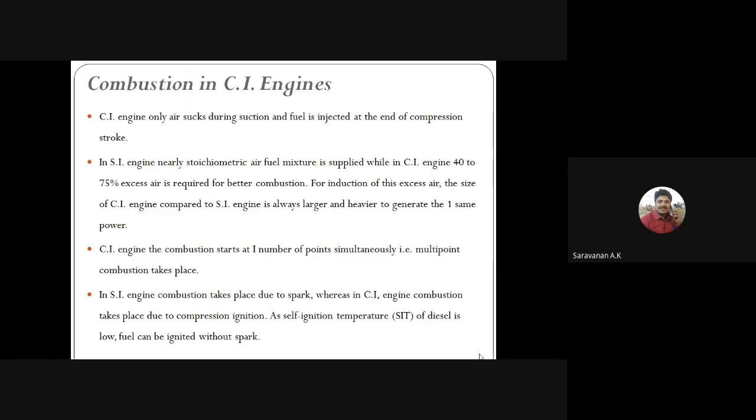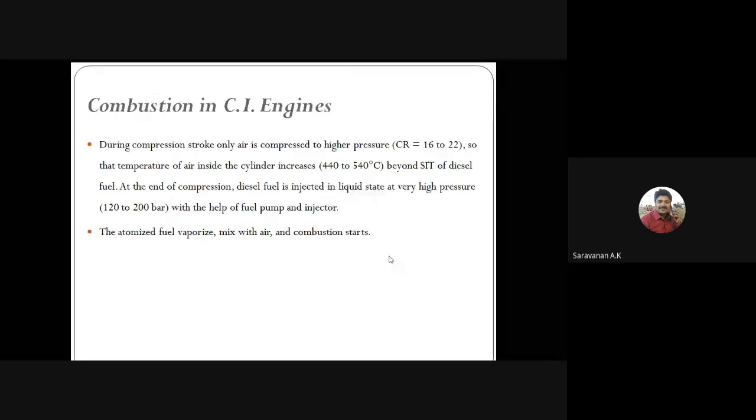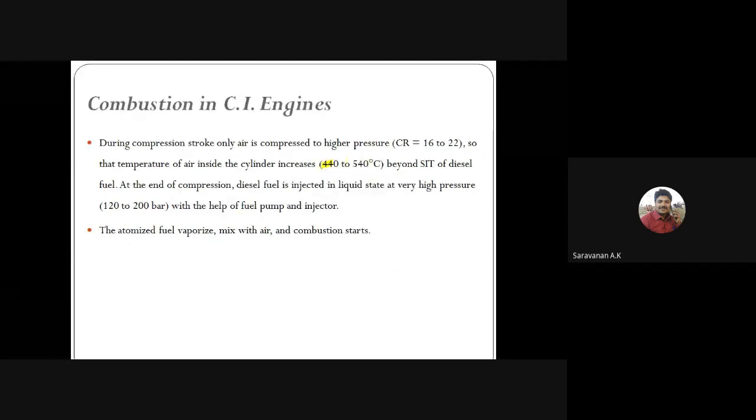The temperature is 440 to 540 degrees Celsius, the self ignition temperature of the diesel fuel at the compression ratio of 16 to 22.